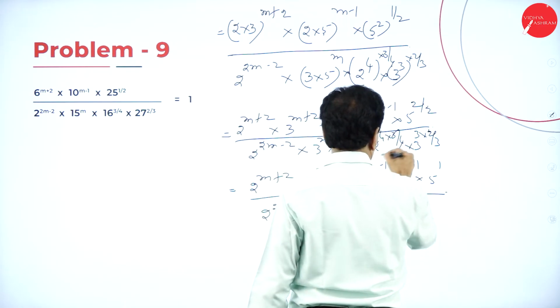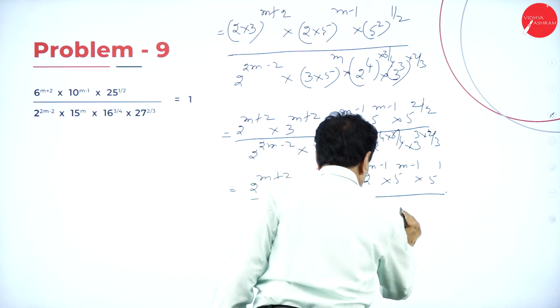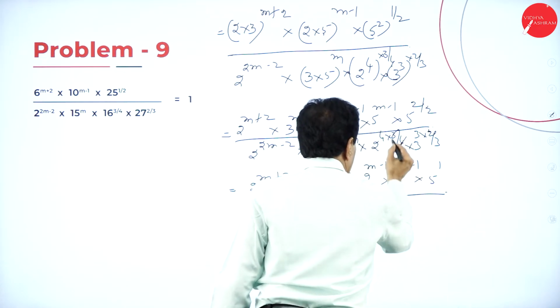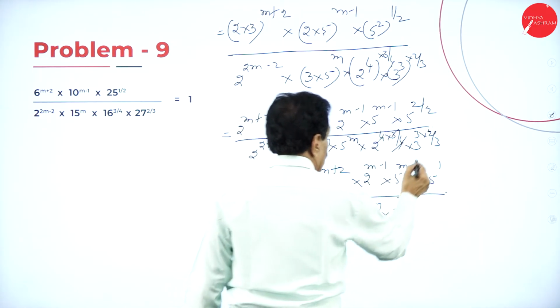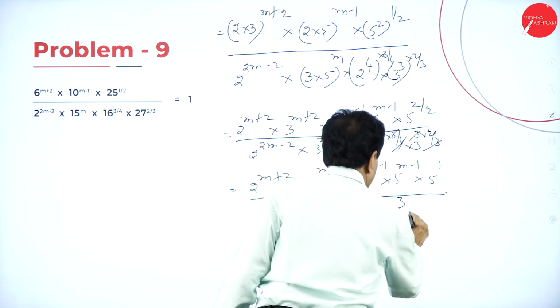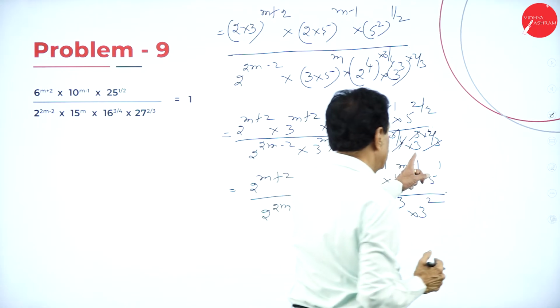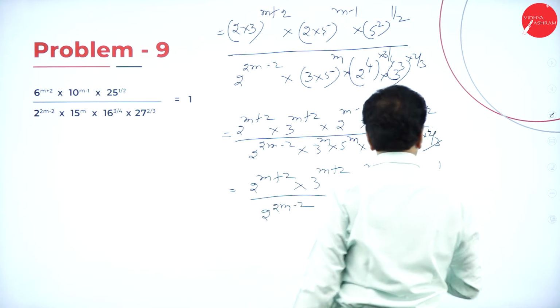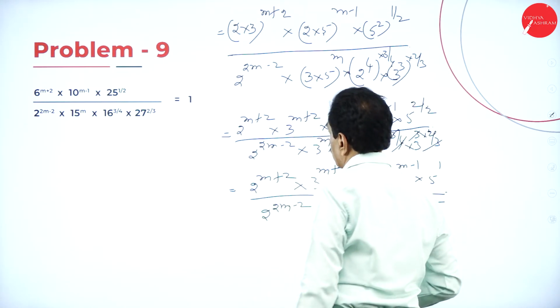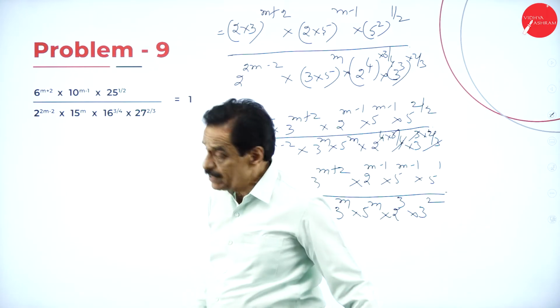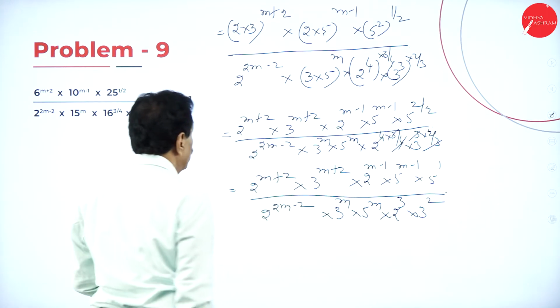So 4 ones are 4. This is 2 cube into 3 square. 3 cancel, 3 to the power of 2 only way. Square. Now simplify this. We take the 2 as a base.